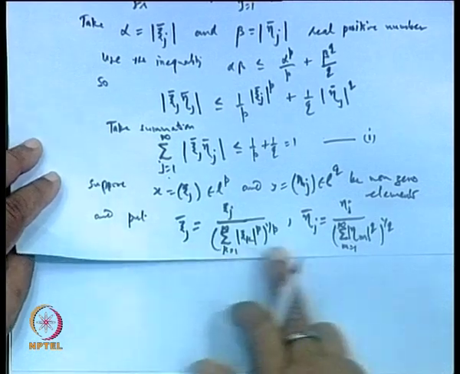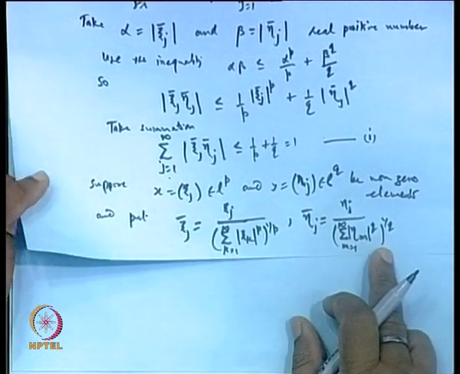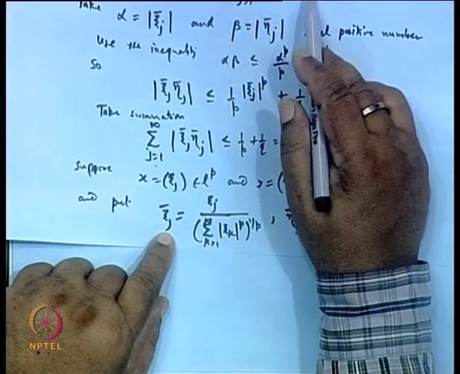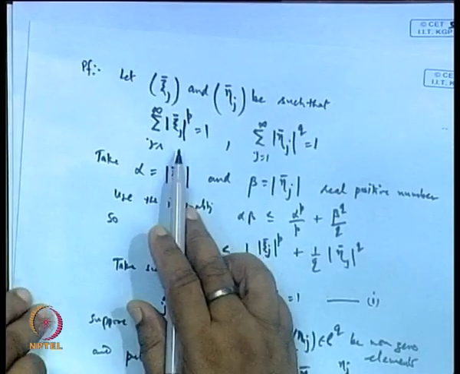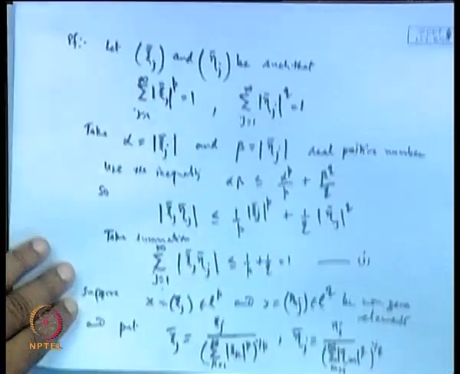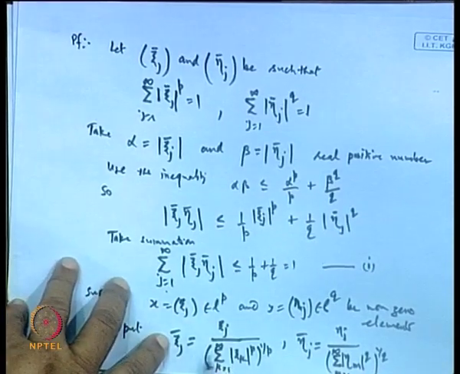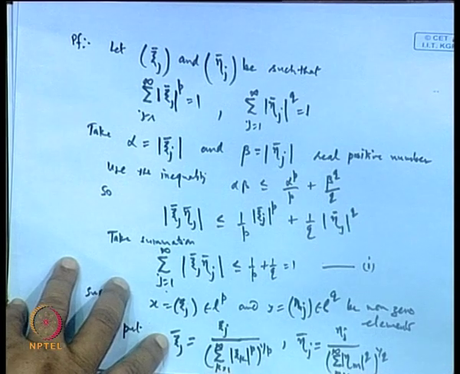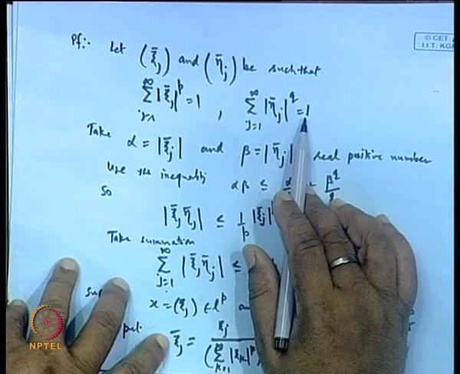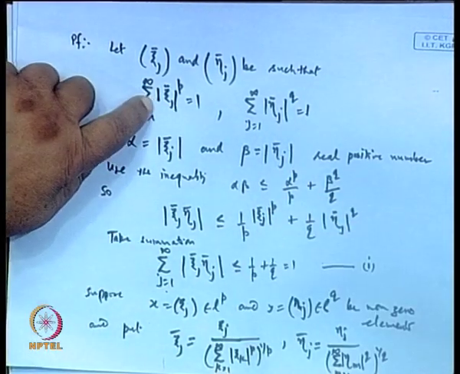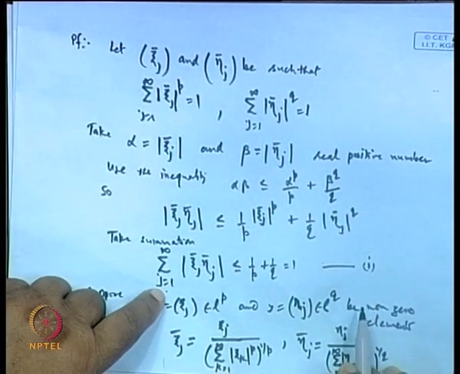So, if I choose xi j bar and eta j bar in such a way, then obviously this sequence xi j bar and eta j bar satisfy the condition that sigma of this thing is 1, because as soon as you take sigma of mod and power p, it comes out to be 1. It means it satisfies the earlier condition. Hence, the sequences which satisfy this condition must satisfy 1 also.